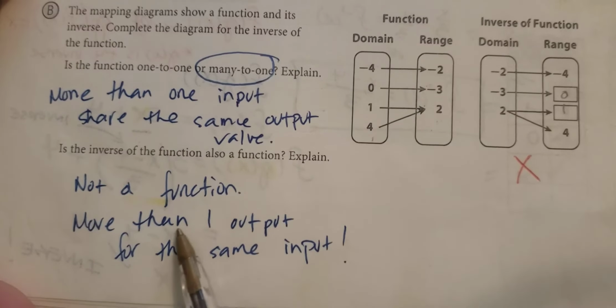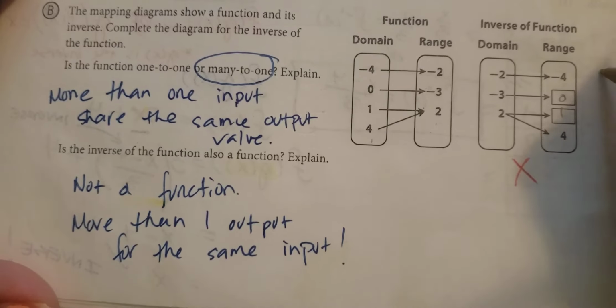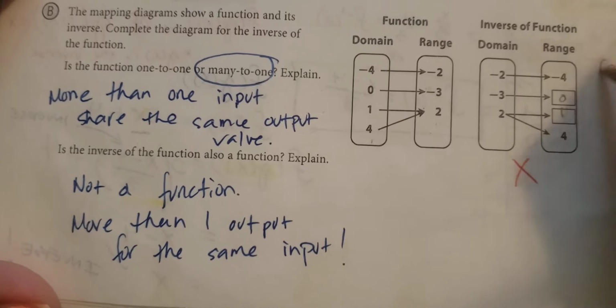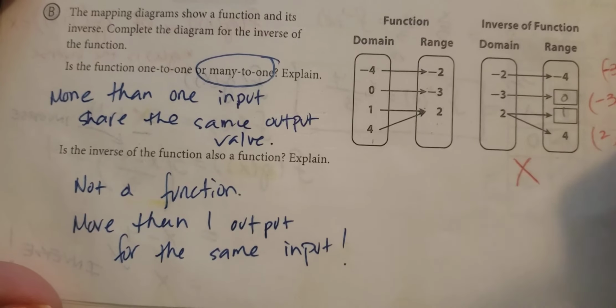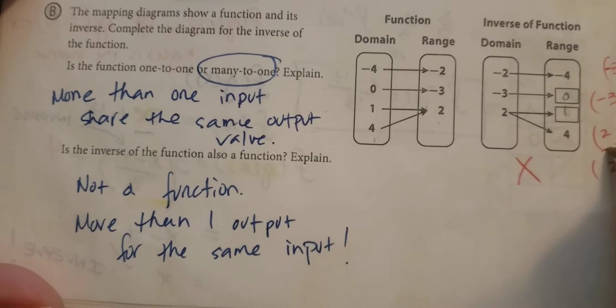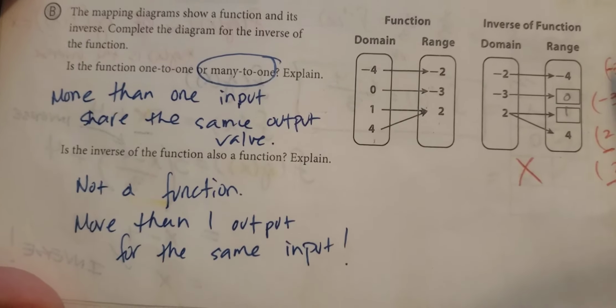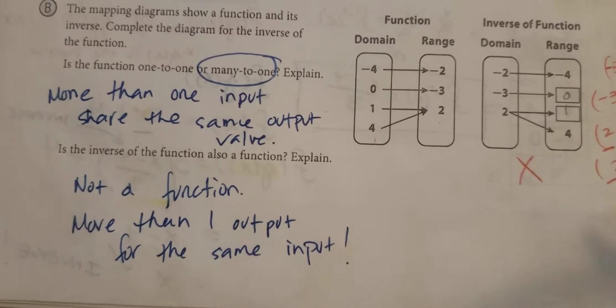So same input has more than one output. So if I were to write the points down, I would have (-3, -4), (-3, 0), (2, 1), and (2, 4), okay? Notice your x is repeated. That can't happen, okay? That's kind of where I mentioned the wrong letter on the video, okay?